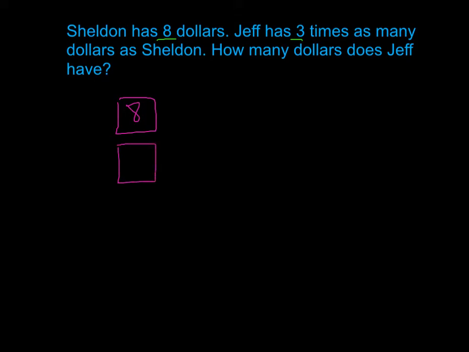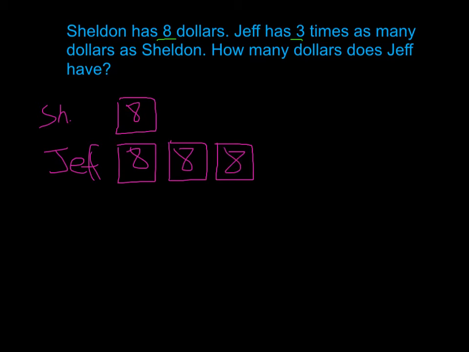So we're going to label this Sheldon. I'm just going to do an SH, and then I'm going to do Jeff, J-E-F-F. Jeff right there for this other one here. And Jeff has 3 times as many as Sheldon, so we're going to draw 3 boxes for 3 times as many. And each of those boxes has 8 in it.